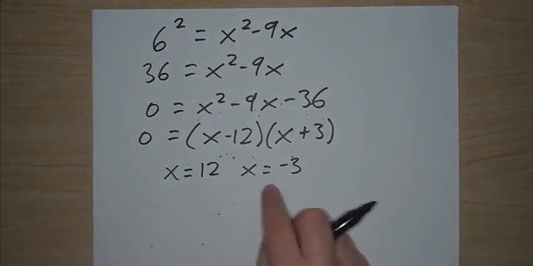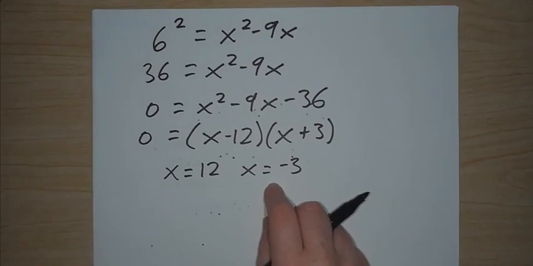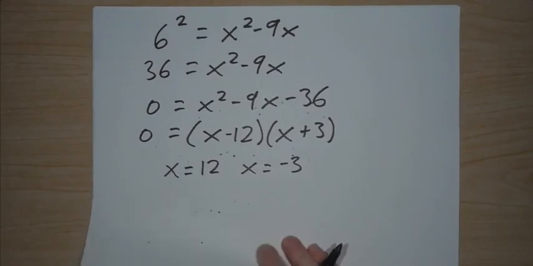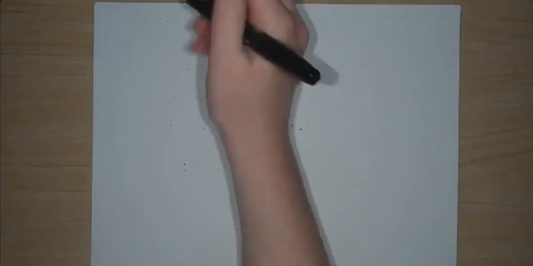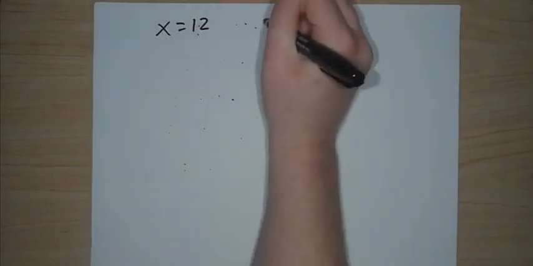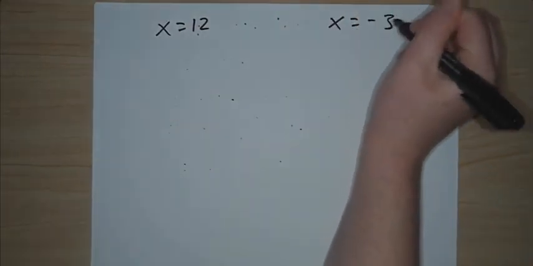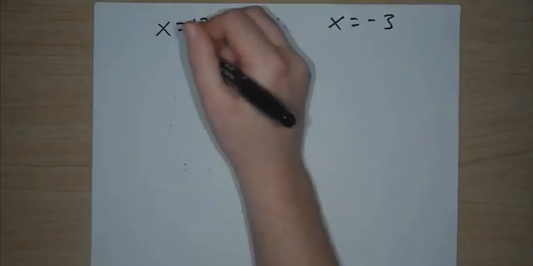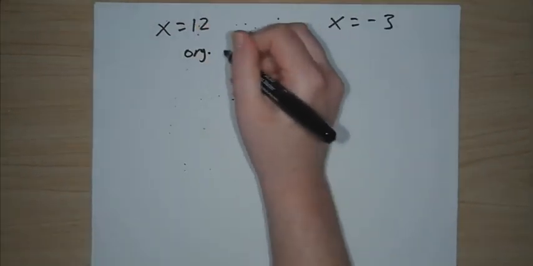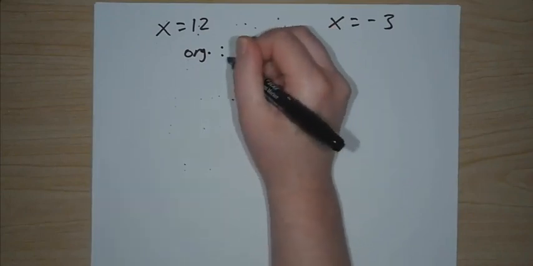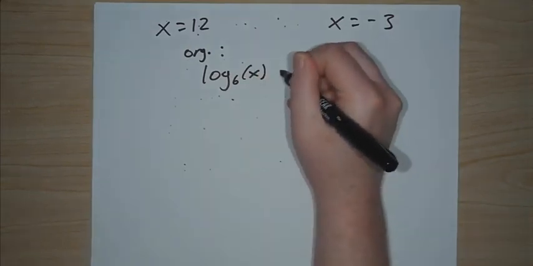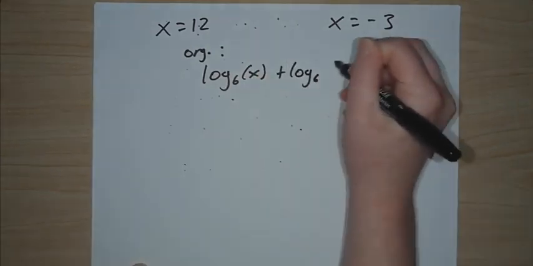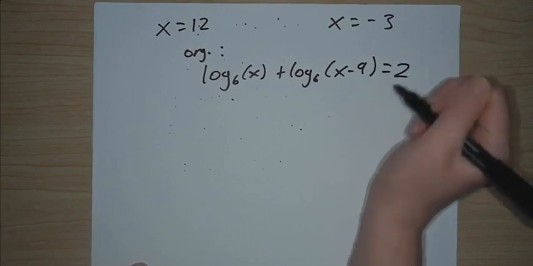But we need to check both of these answers to make sure they work in the original formula. We had x is equal to 12 and x is equal to negative 3. And our original equation was log base 6 of x plus log base 6 of x minus 9 is equal to 2.